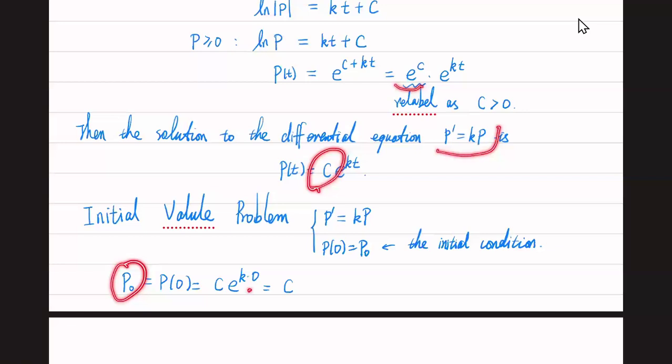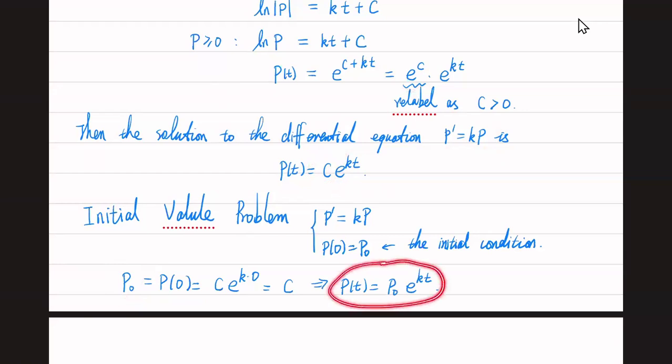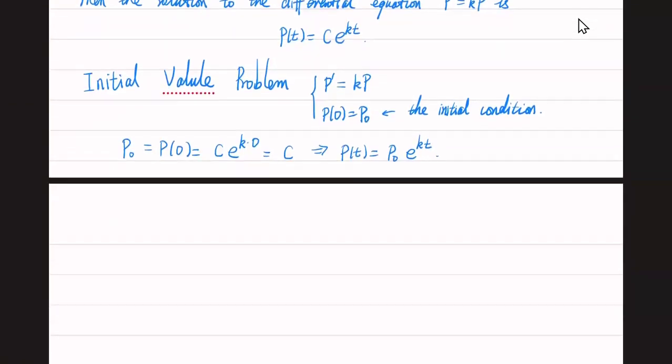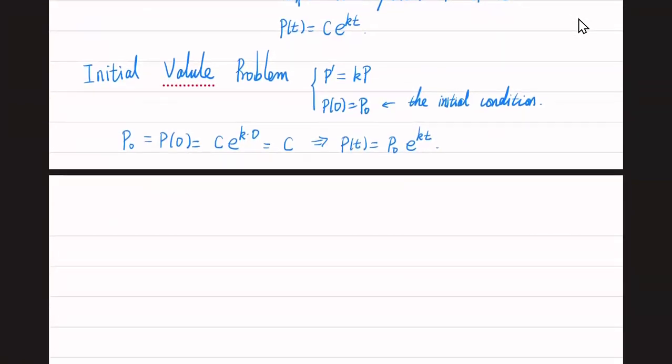Then we plug in P(t). So this is the solution of the initial value problem. Okay, so that's our first model, it is very simple. Then we make some modifications to make the model more realistic.